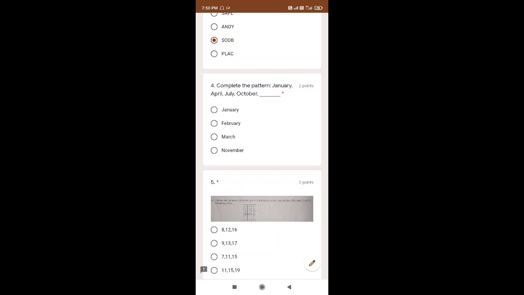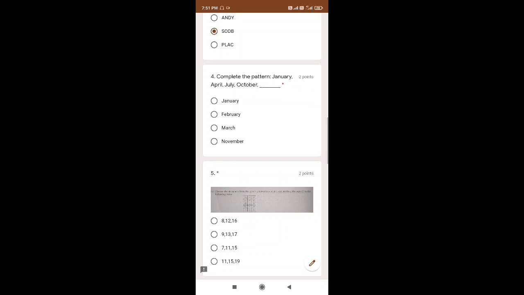So here January, and we will leave February, March, 2 months, then April, then we will skip 2 months once again, May and June, then July, then we skip another 2 months, August, September, then October, then we also skip another 2 months, November and December. So the answer will be January, option A.